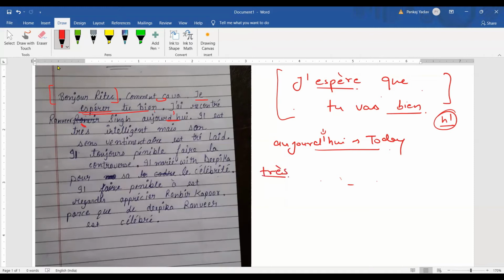Très intelligent, mais son sens vestimentaire. All right. See, in the basic level, you need to take care of your sentence structure. Don't write such complicated sentences. For example, this is my student, her level is A1.